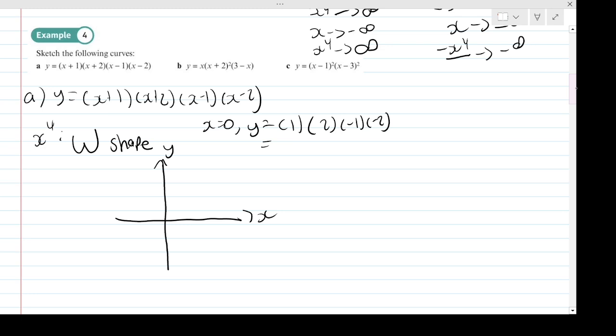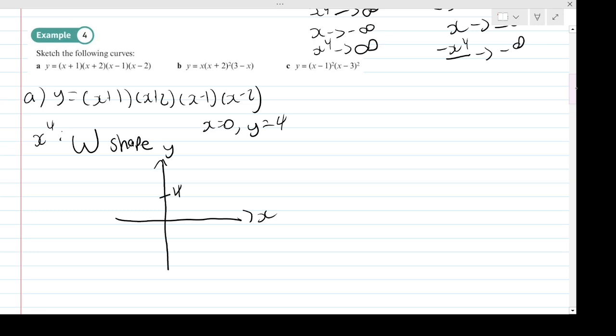What's that going to get me? Well, that'd be positive 2, then times minus 2 afterwards, that'd be 4. Okay. Cool. I'm going to get rid of that now because I'm going to need room for the next question after. But y should be 4 if you just plug in 0 there. Okay, so we can plot that then. So 4 is probably going to be about there.